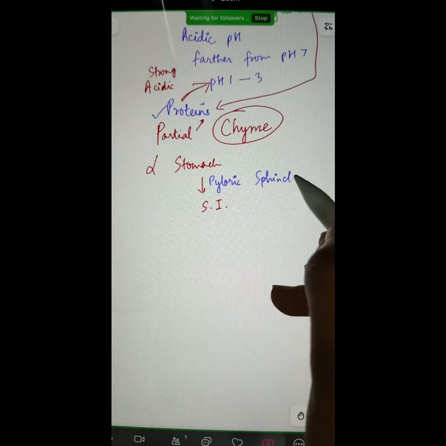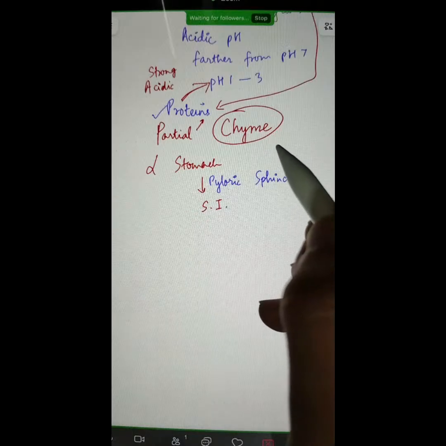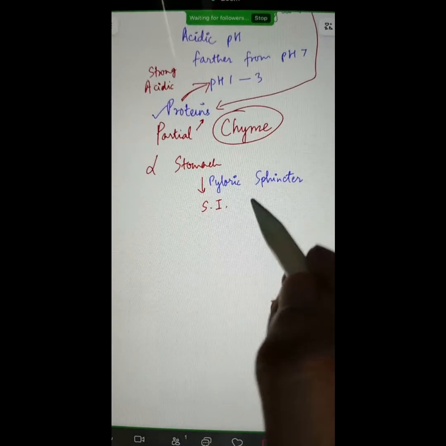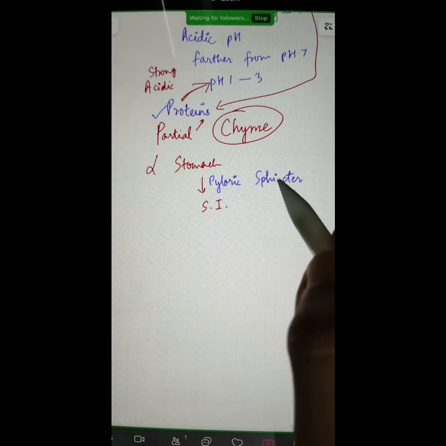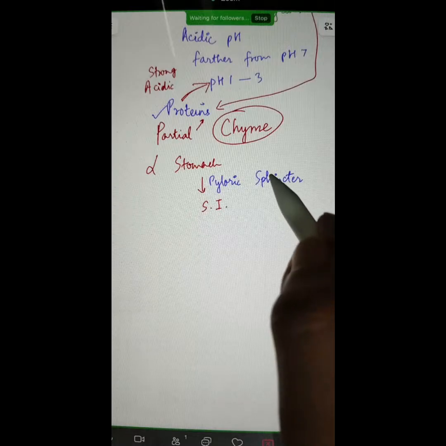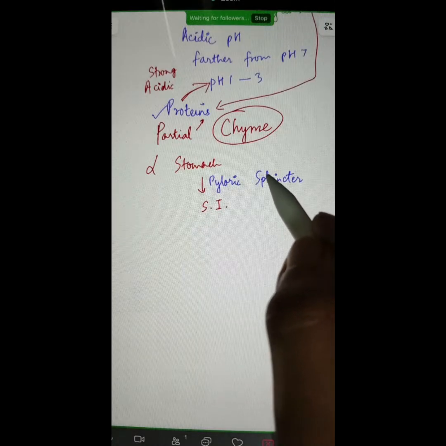The name of this sphincter is not mentioned in the NCERT. It is optional for you to learn. So the pyloric sphincter is a group of muscles, as I have just said. These are the circular muscles that contract and relax, and they open up to transfer the food.